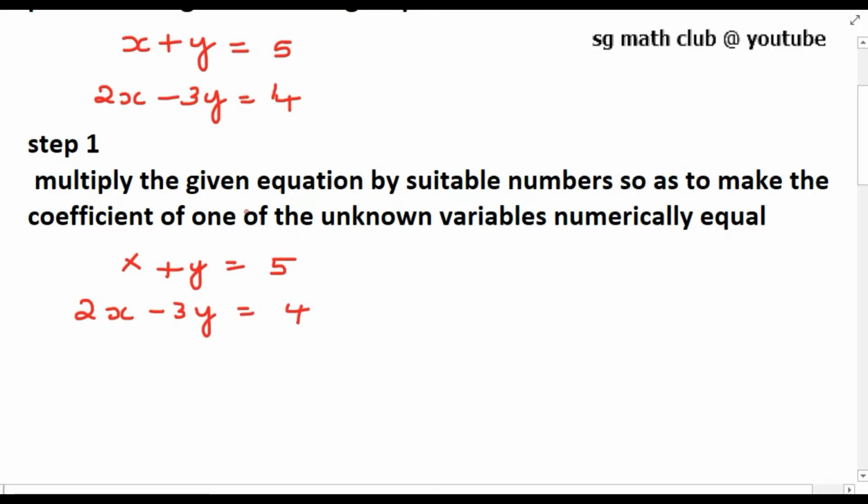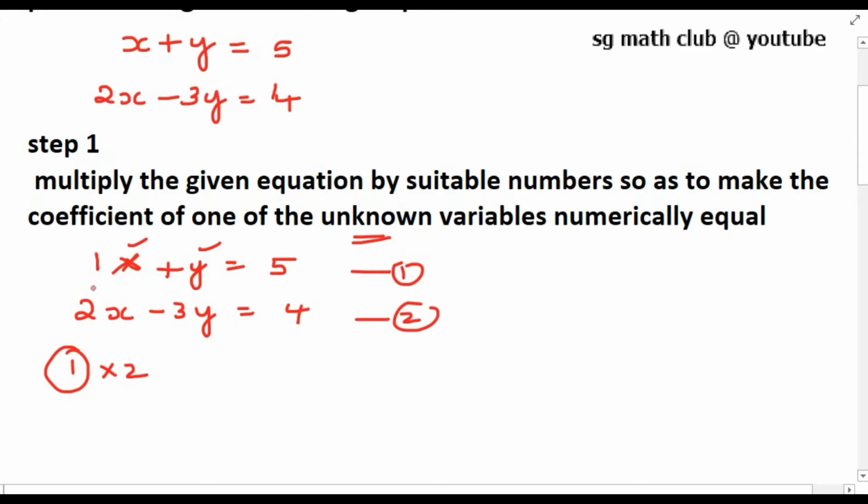Multiply the given equation by a suitable number so as to make the coefficient of one of the unknown variables numerically equal. If this is our first equation and second equation, I am going to multiply the first equation throughout by the number 2, so that the coefficient of x, which is 1 here, becomes 2. There are two unknown variables, x and y, and I have to make the coefficient of x the same.